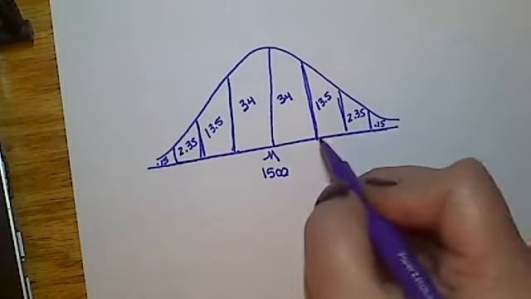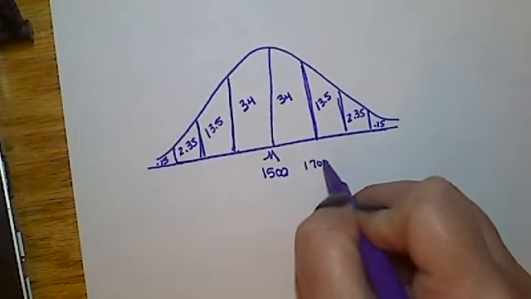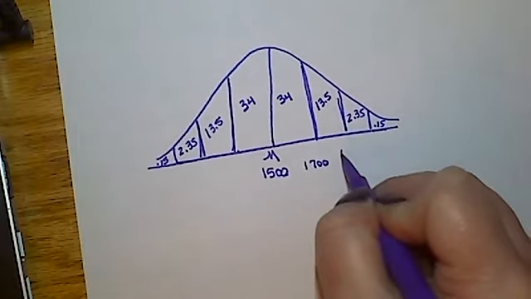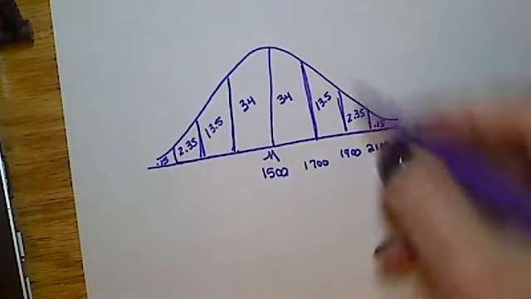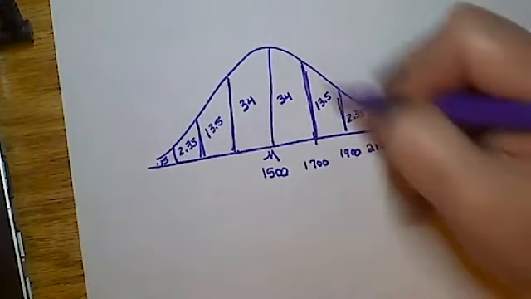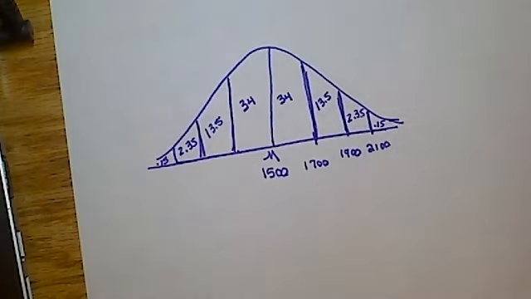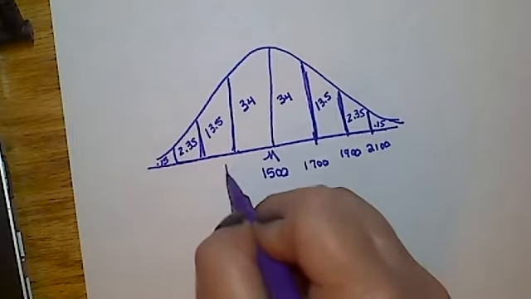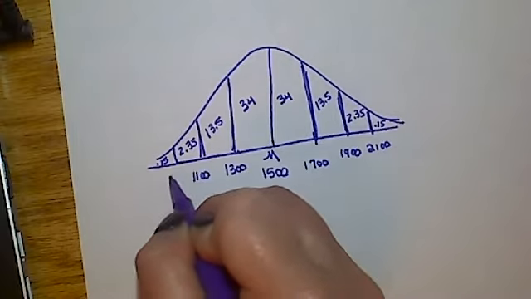Okay, so we've got 1,500, so this would be 1,700. Then we would have 1,900 and 2,100. This one would be 1,300, 1,100, and 900.